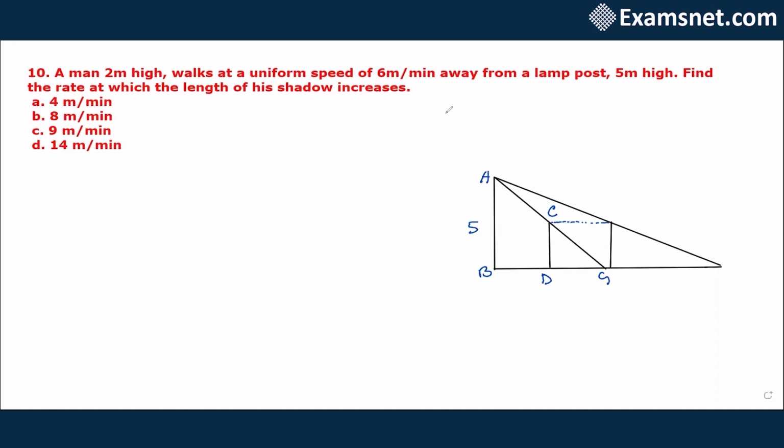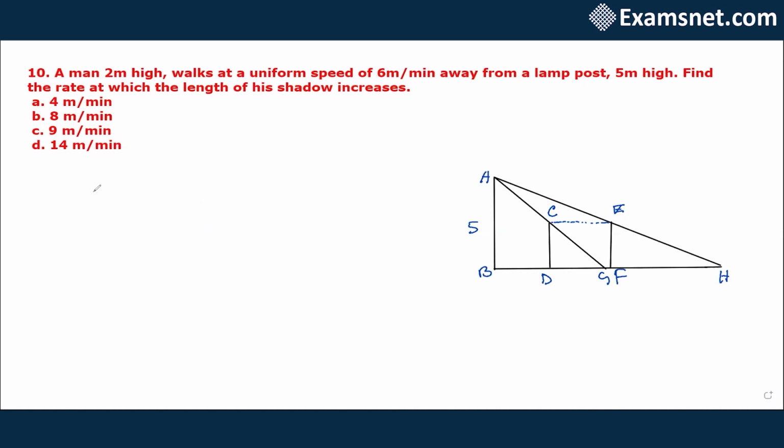And after a few moments, when he walks at a uniform speed of 6 meter per minute, the position of the man becomes EF, and at that time his shadow is FH.